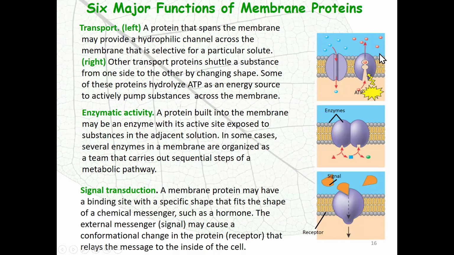Here you can see the lipid bilayer, and membrane proteins are anchored here. The major function is to transport. Transport of what? Transport of molecules, ions like this. A protein that spans the membrane may provide a hydrophilic channel across the membrane that is selective for a particular solute.